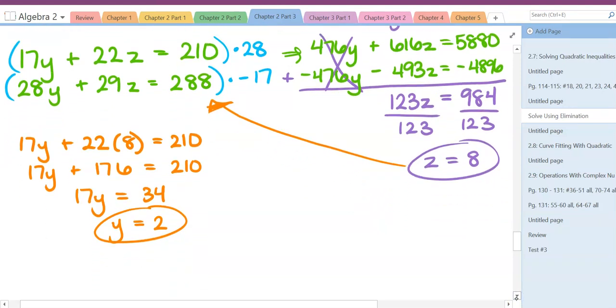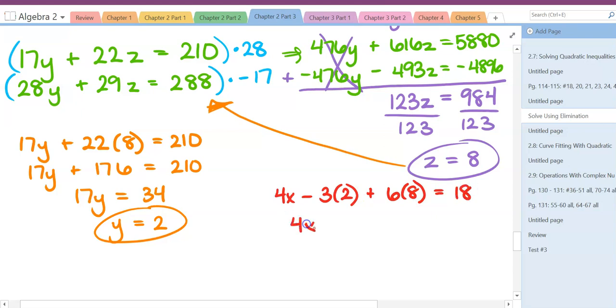Okay, and then go back up to equation 1, 2, or 3. Pick whichever one you like the best. I think I just went back into number 1 to solve for my x. So it says 4x minus 3y, so minus 3 times 2 now, plus 6z, so 6 times 8, equals 18.